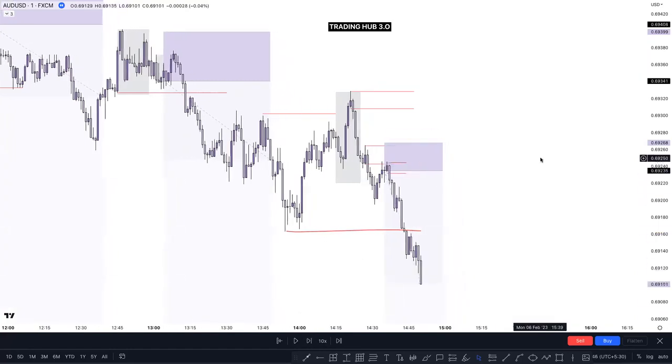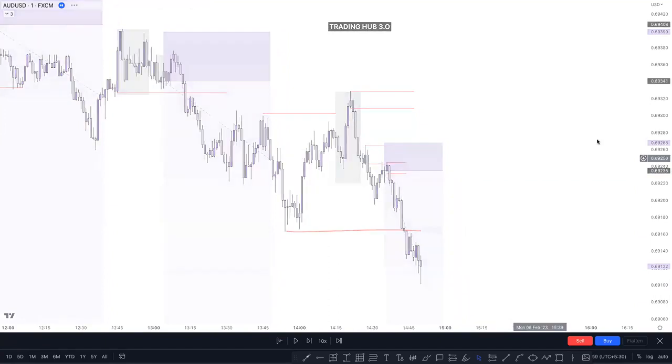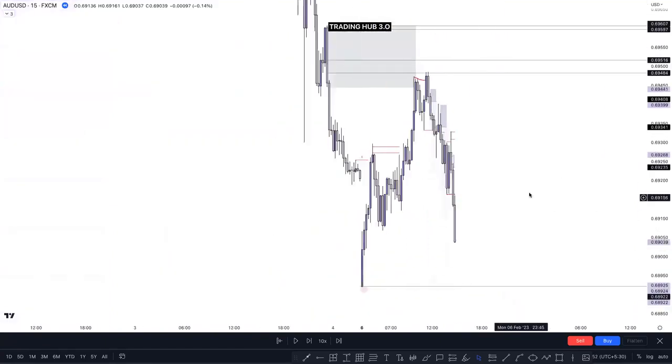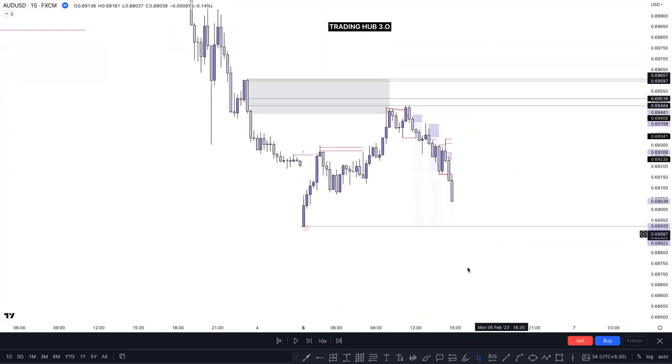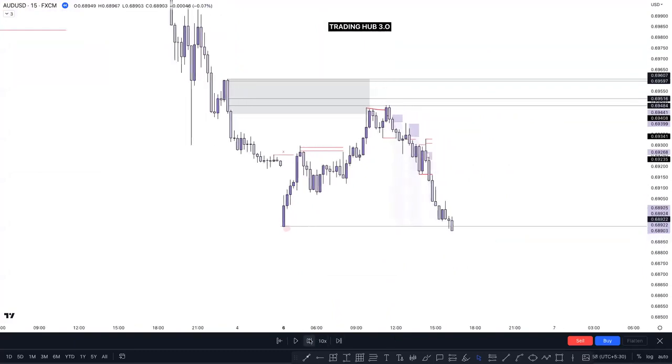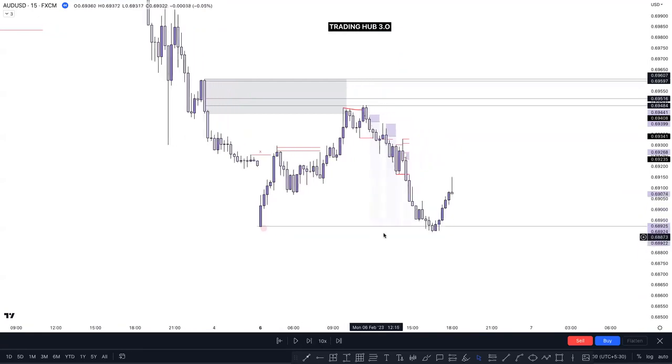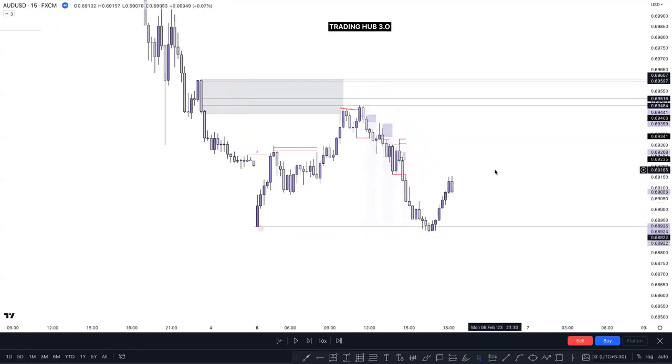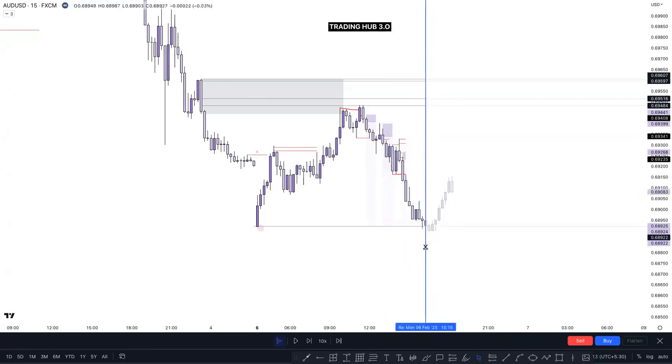Okay, no mitigation. Now again, you have to switch here to a 15-minute time frame to check the previous candle, if everything is fine or not. Let's see. Okay, right, and it broke this low and all targets achieved here. Right, now the next question is how you can trade this move. Right, let me show you exactly.